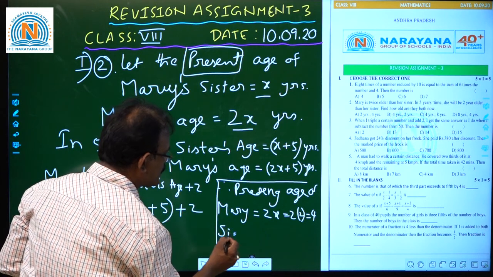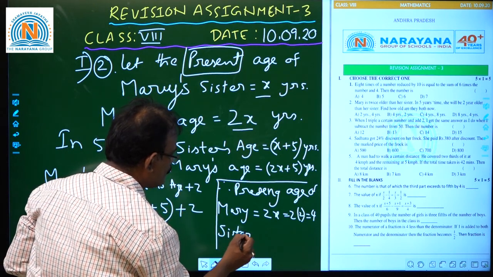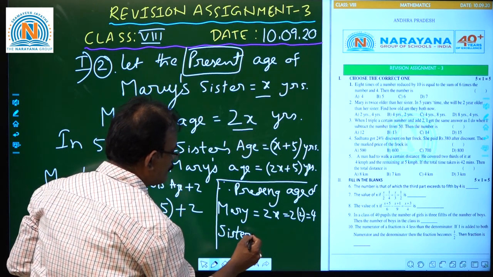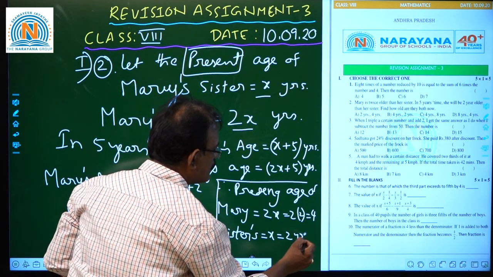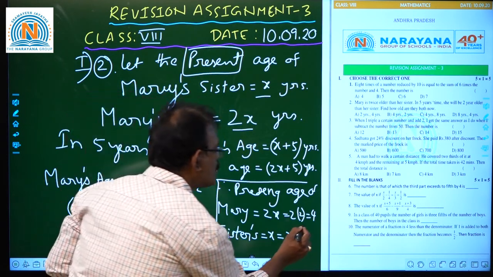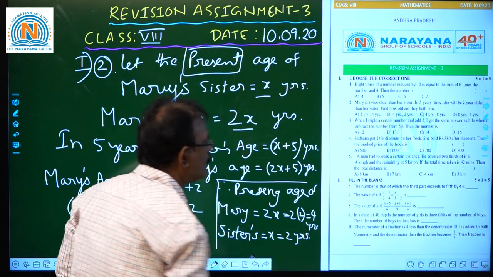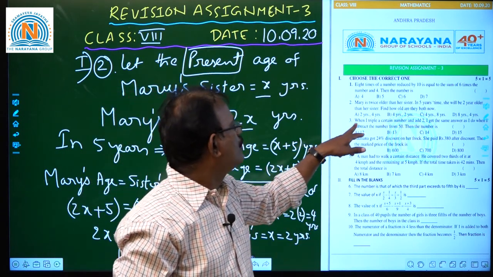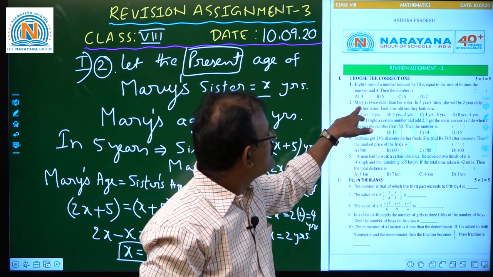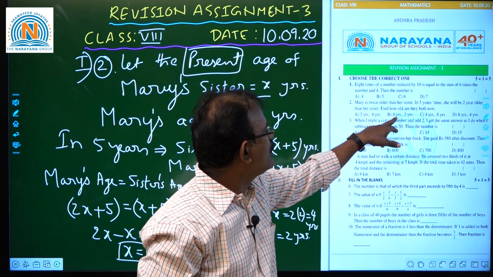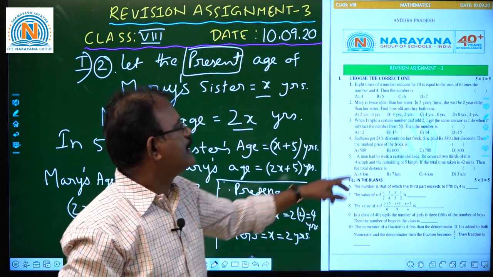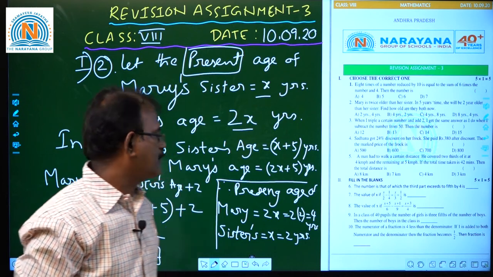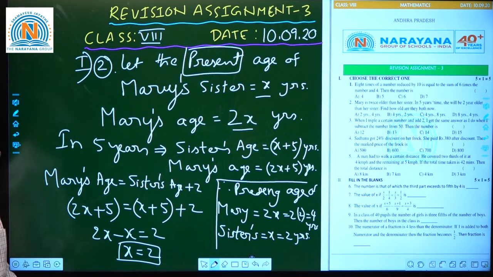And the sister's age is x years, that means 2 years. So Mary's age first, sister's age next. Mary is 4 years and the sister is 2 years. It is there in the second option, children.